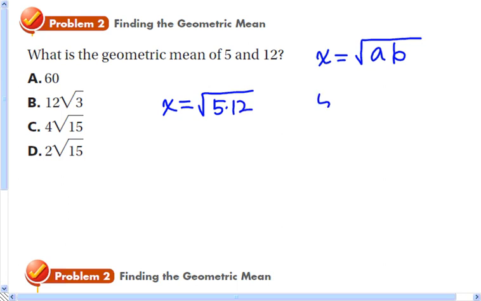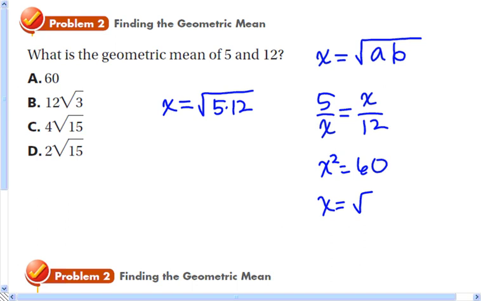Remember that the geometric mean will be proportional to the smaller number and the larger number. And also remember when we talked about the means and the extremes. So this is where that term comes from. So x squared is equal to 60, and we want a positive square root, so we say x is equal to the square root of 60.